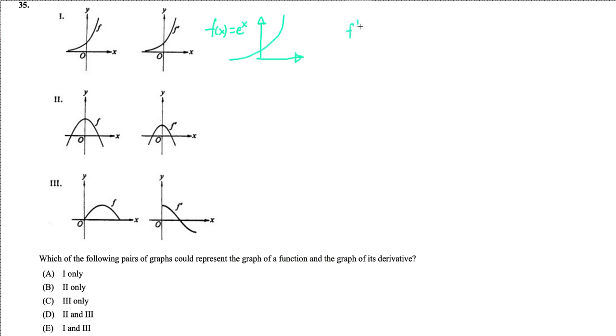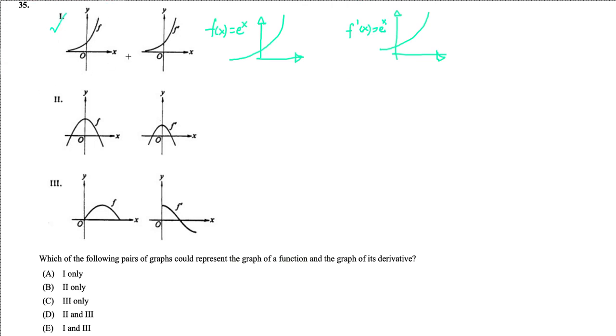And f prime of x is going to look like the same thing, as long as you have a basic idea of what e to the x looks like, because the derivative of e to the x is just e to the x. So one is for sure true.